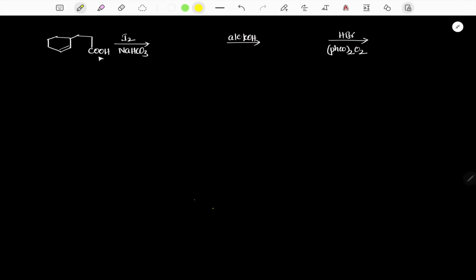An alkene carboxylic acid, both functional groups are there. It is treated with I2 and sodium bicarbonate. One thing we know is that sodium bicarbonate removes the proton from the acid. So definitely the first reaction is acid-base, because acid-base reaction is fast. Now it reacts with I2.